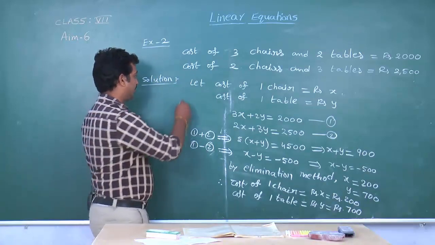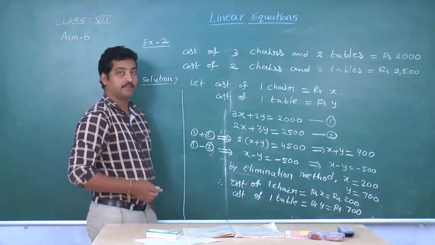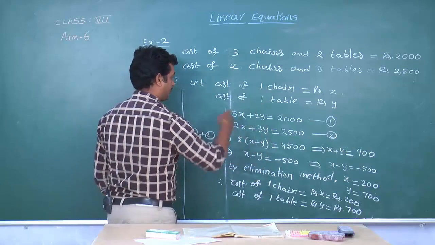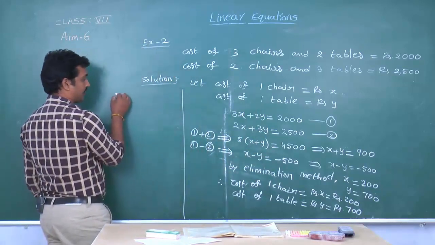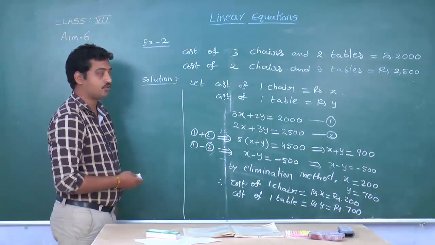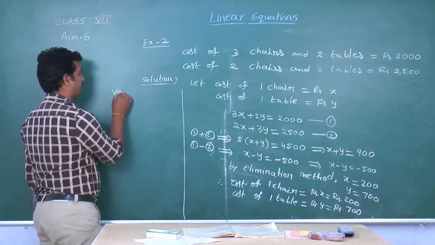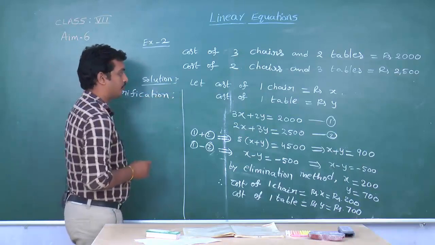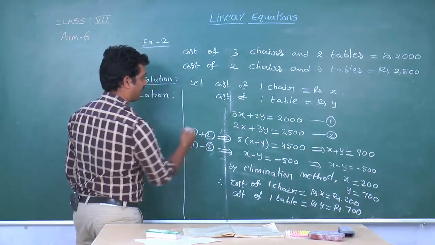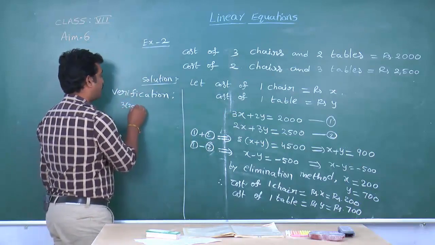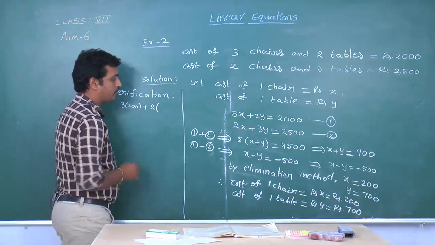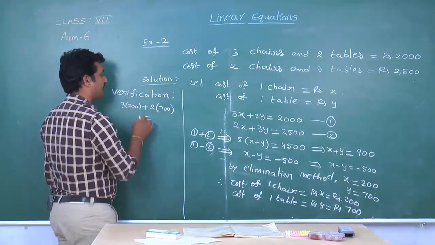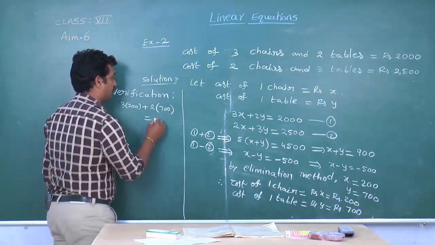Now verification, we need to verify whether these are correct or not. Substitute those x and y values in equation number 1, that is verification. If you substitute, then what do you get? 3 into 200 plus 2 into 700 is equal to 600 plus 1400, which is equal to 2000.